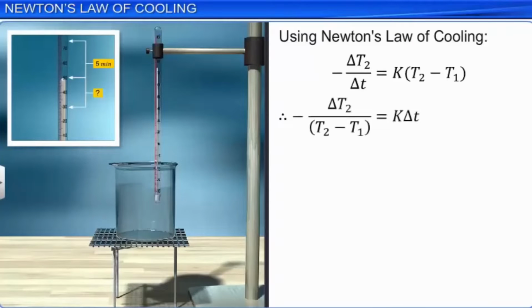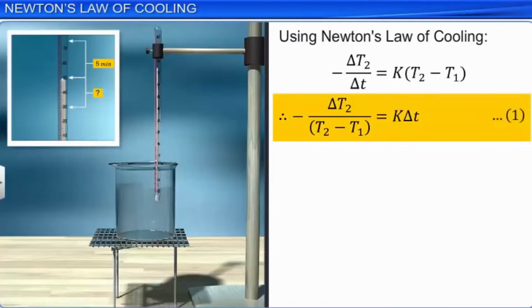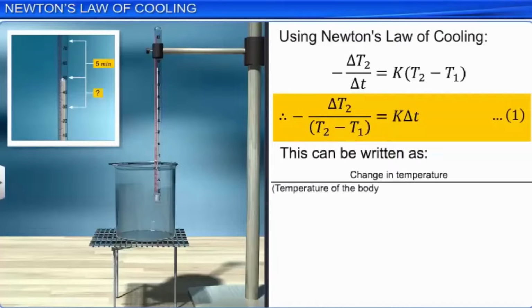Therefore, minus delta T2 by T2 minus T1 is equal to K into delta T. Let this be equation 1. This can be written as the change in the temperature by the temperature of the body minus the temperature of the surroundings is equal to K into time.